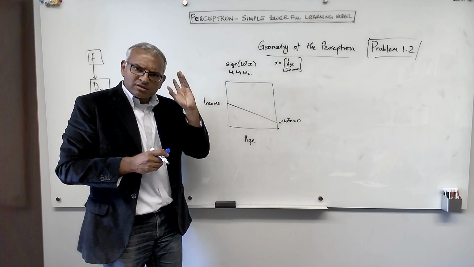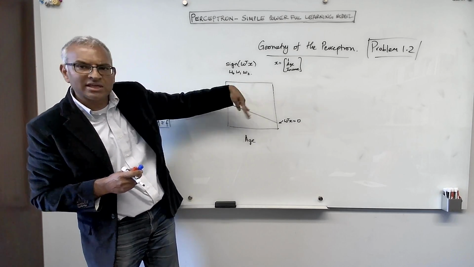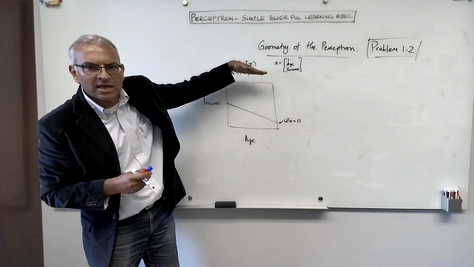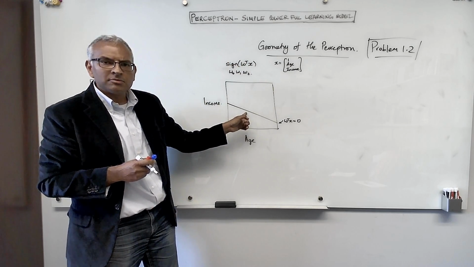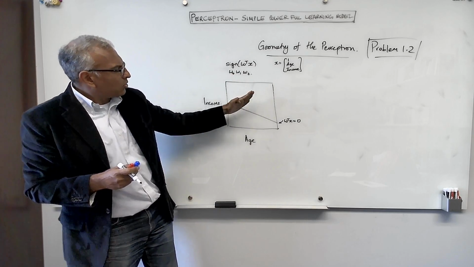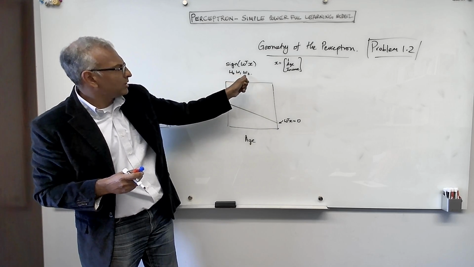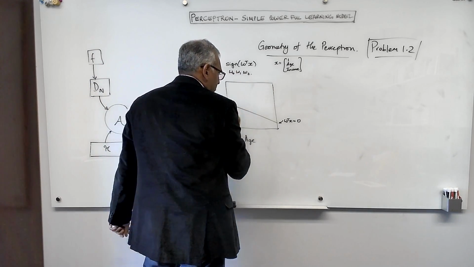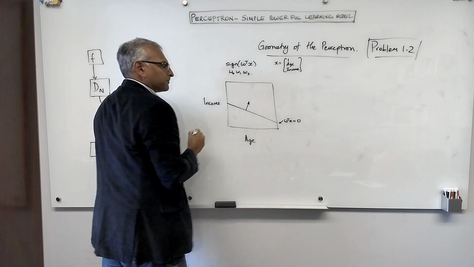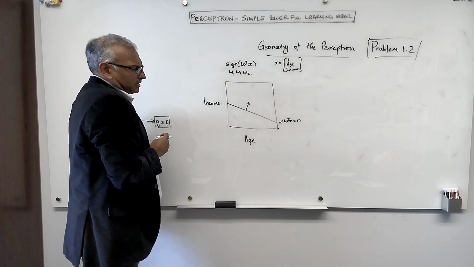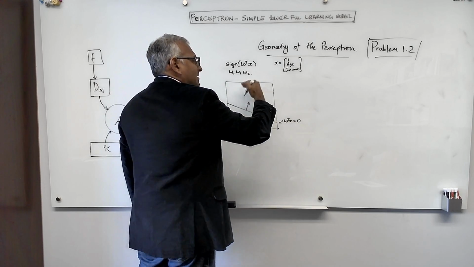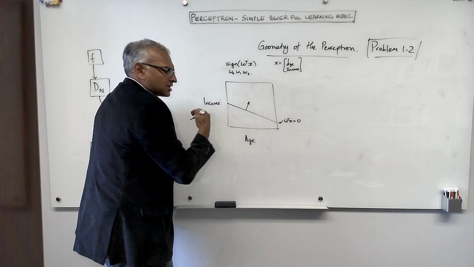The first is the slope or the orientation, and the second is the position. So I can have the same slope and move it up and down, and I get a different position. So the position is related to W0, and the orientation, the slope, is related to W1 and W2. And typically, this W1 and W2 define the normal. Okay, so that's the solution to W transpose X equals 0. And then on one side is going to be positive, and on the other side is going to be negative.